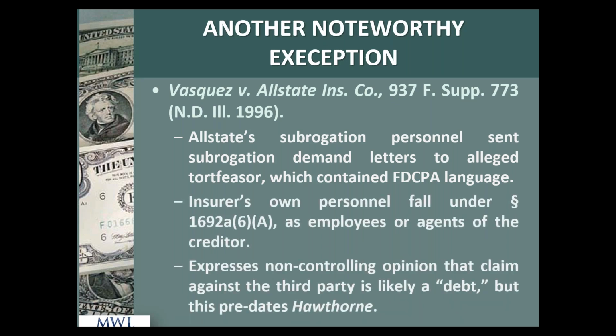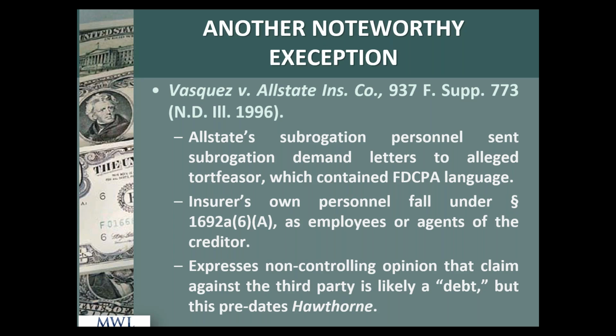So this is a Northern District of Illinois case where Allstate had paid out a claim to their insured and started to send out demand letters to the tortfeasor, the adverse driver. And it even contained that FDCPA verification language we had spoken about. And the court looked and said, well, this is your own personnel. And the argument on behalf of the plaintiff was that it is a separate subsidiary, a separate department.